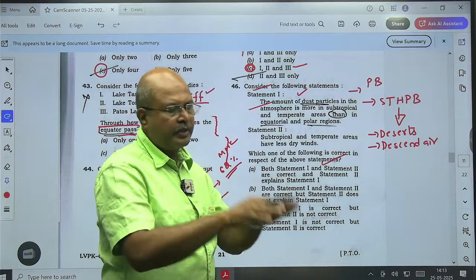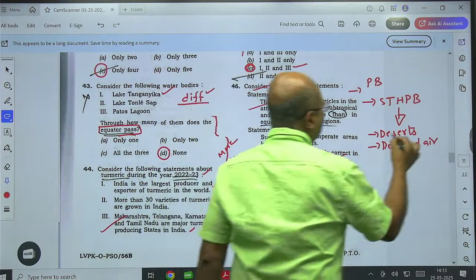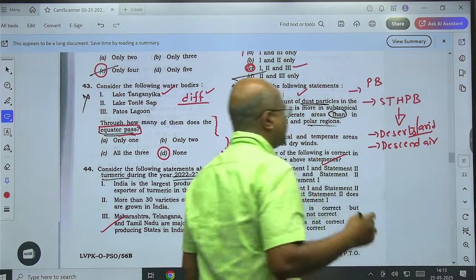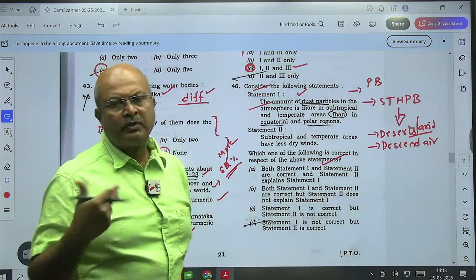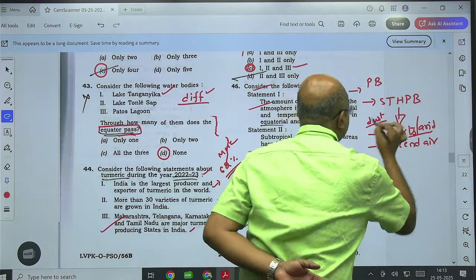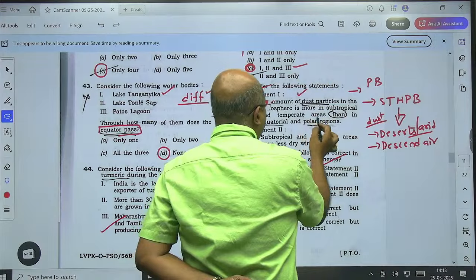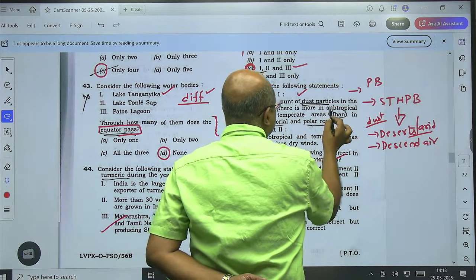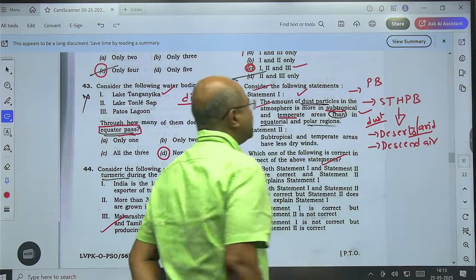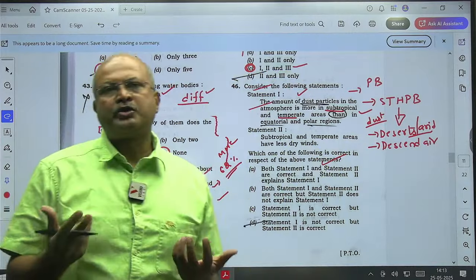High pressure due to descending air. So this is an area of deserts and arid parts. Now any area which is having deserts and arid conditions will have more amount of dust particles. So when we talk about the subtropical and temperate regions, it is associated with the geography and the meteorological connections.